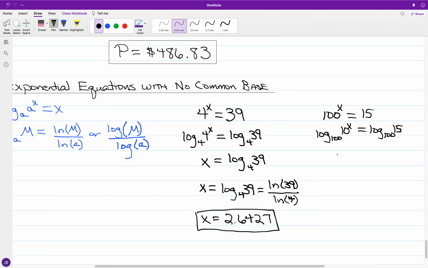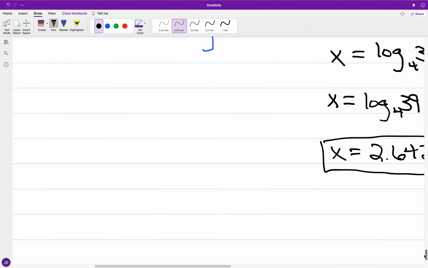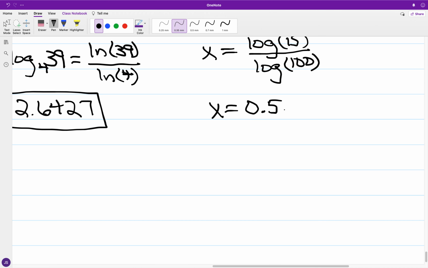So the left-hand side becomes x, and for x, if I use the change of base formula, where m is 15 and a is 100, I would just go with the base 10 logarithm ratio on this one. So I have the base 10 logarithm of 15 over that of 100. And so for your value x in this case, it's going to be about 100 raised to the power of, let's say about 0.588, is going to be equal to 15. So for x, we have right at 0.588.